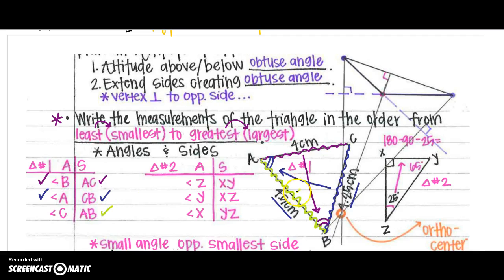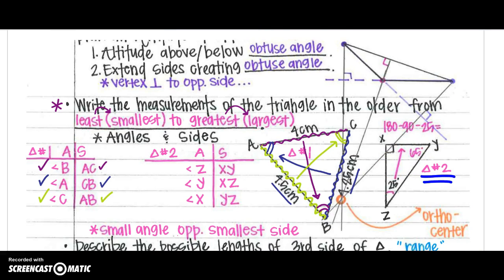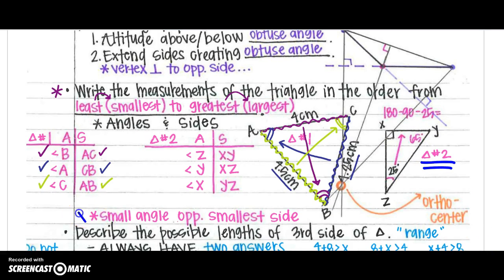So that goes last across from angle C. That is my next biggest. You might have a triangle like number 2, and you can go ahead and look at that one. Just as a reminder, the smallest angle is opposite the smallest side, so you need to do small, medium, and large.